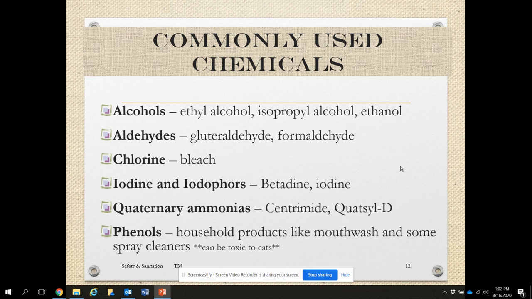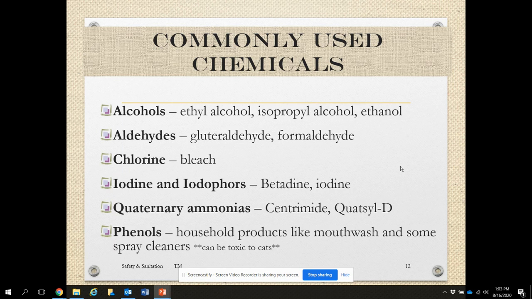And then we have the ammonias. You never want to mix bleach and ammonia. That can make a bad situation, a toxic cloud if you mix bleach and ammonia. So please make sure you're cognizant of what cleaning solution you're using.